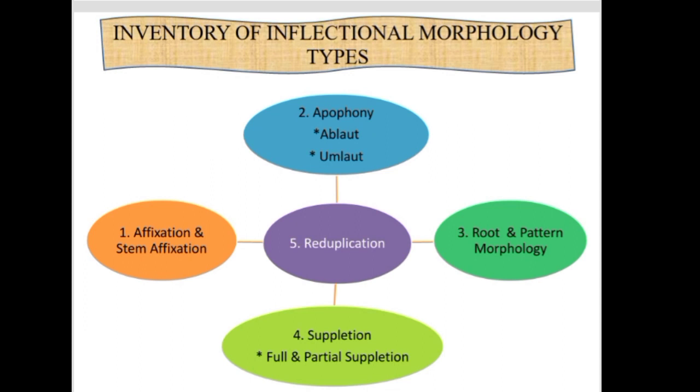The last is the inventory of inflectional morphology types. The first is affixation and stem affixation. The second is apophony, ablaut, and umlaut. The third is root and pattern morphology. The fourth is suppletion, which is full and partial suppletion. The fifth is reduplication.